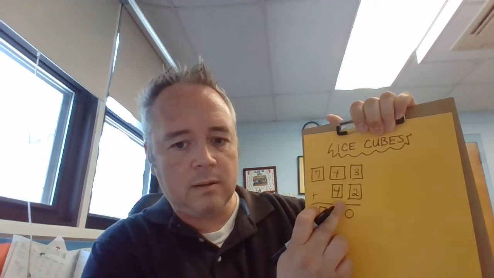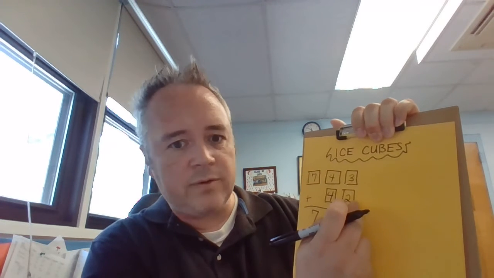So I have 700, and I have 40 and 40. 40 and 40 I know is 80. And 3 and 2, that's 5. So I'm going to add it this way. So I have 785. That's my score, 785. That's a pretty good score.